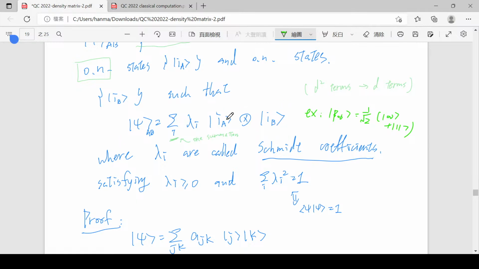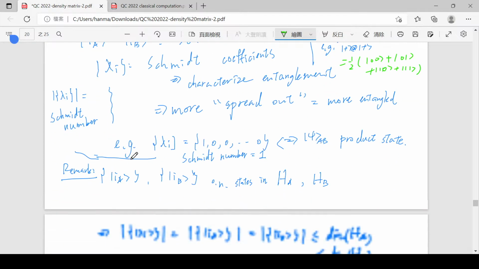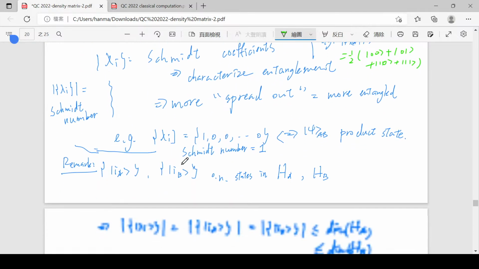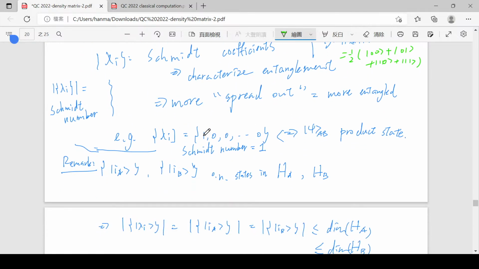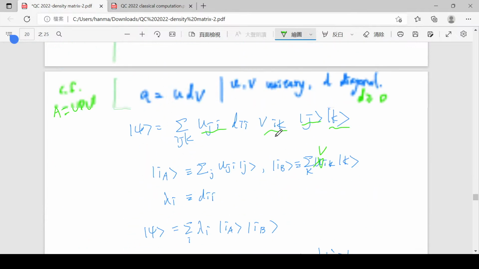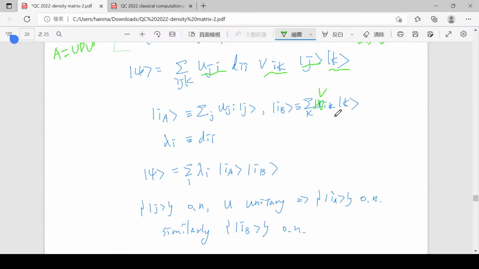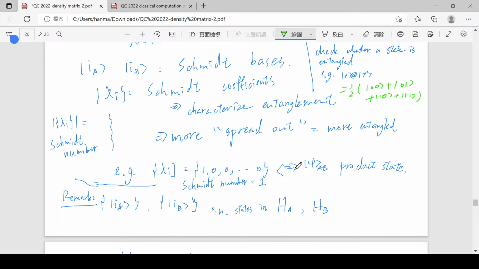So I guess this is not quite a complete proof, but you should do this in homework. One direction is really easy to see: if your Schmidt coefficients are 1, 0, 0, 0, then obviously your state is a product state, because this formula is already a product state formula. The only part you need to prove is that these coefficients are unique.